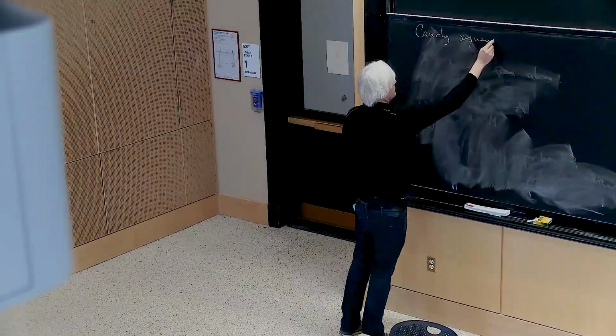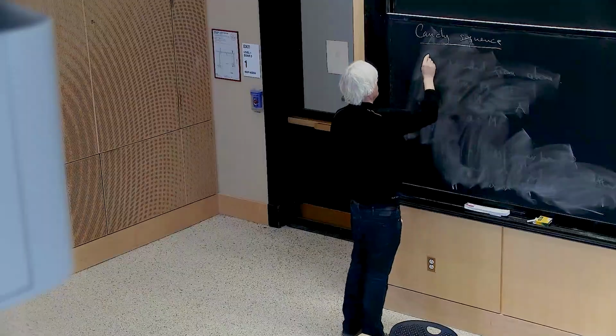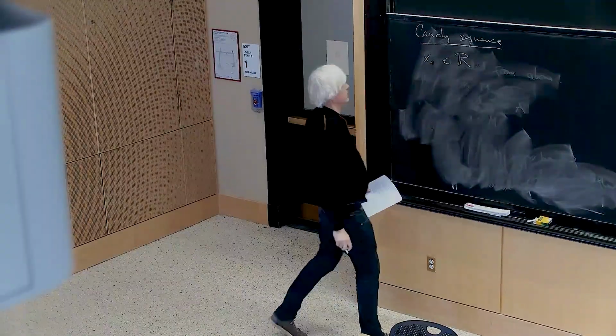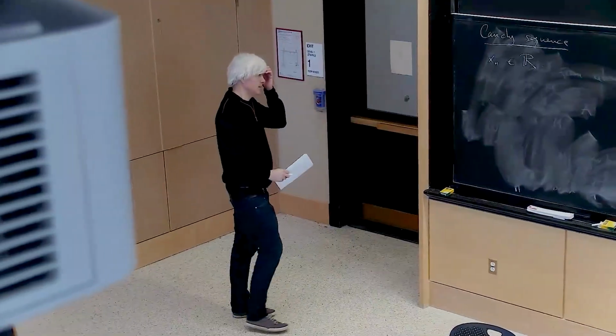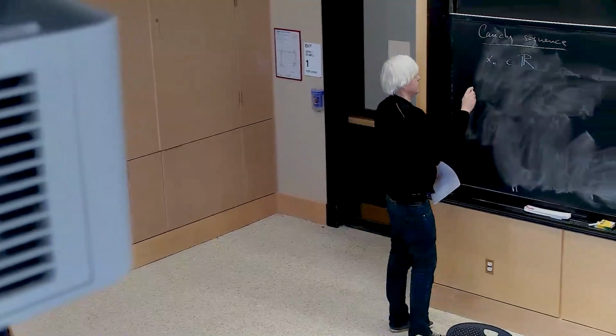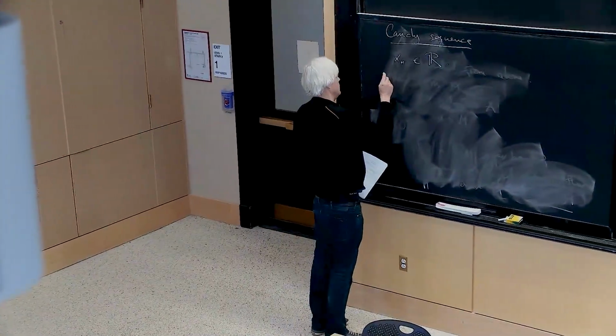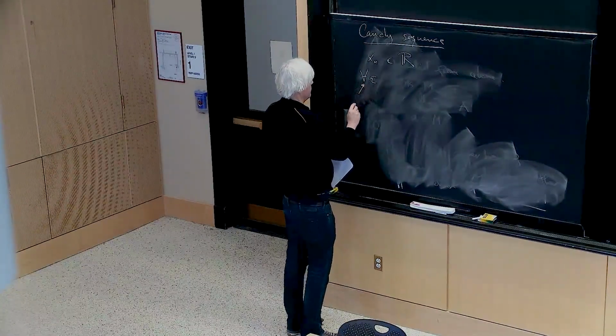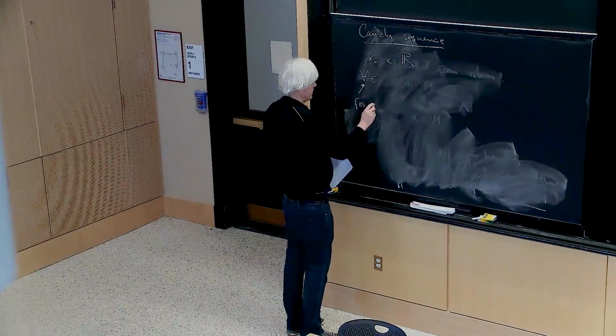So, Cauchy sequence. You have a sequence, again, we're still in the real numbers, and this is a Cauchy sequence. It just means that for all, and this symbol, an inverted A, just means for all, and that's also a standard symbol.